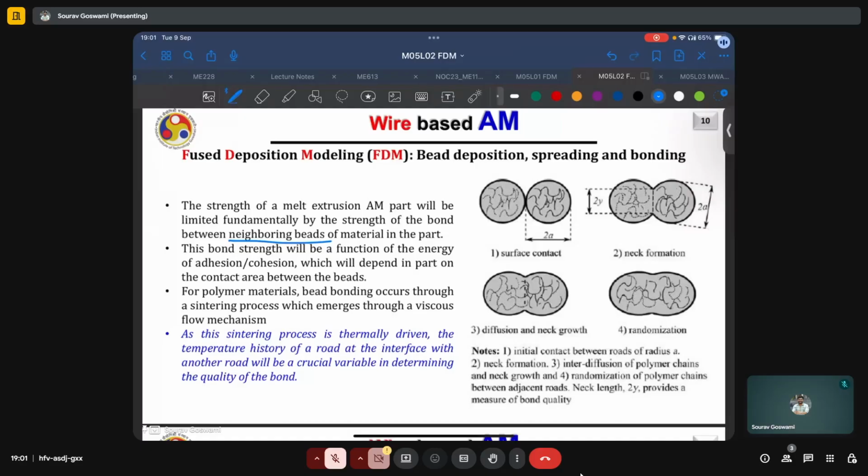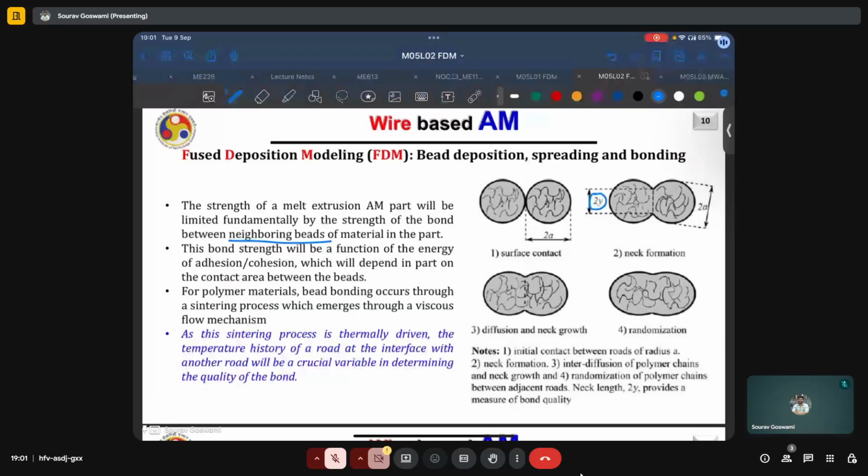And on the right here, we have this nice schematic diagram which explains the various stages of sintering and contact generation between two adjacent beads. Initially, there is a very small contact between these two roads. Then there is neck formation where the contact length 2y is smaller than the diameter of either grain, which is 2a.